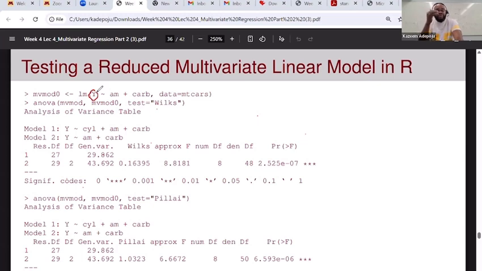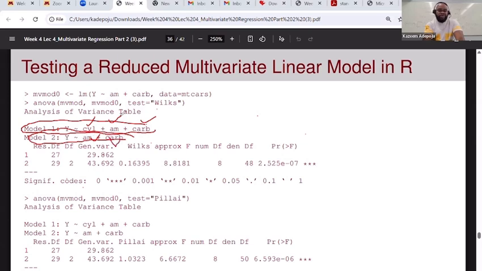So the number of responses is not one. But here we have explanatory variables. Let me say precisely, the full model is model one. What makes it a full model is that we have one, two, and three. Model two is the restricted model, because we have fewer explanatory variables, and of course it is nested in the full one.